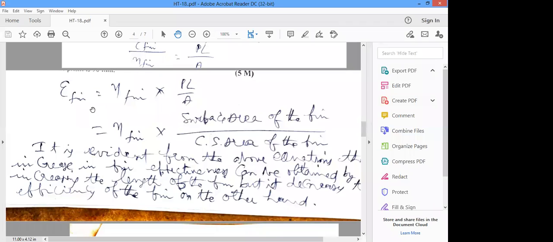That is very important. That is the relationship between efficiency and effectiveness. Any doubt?